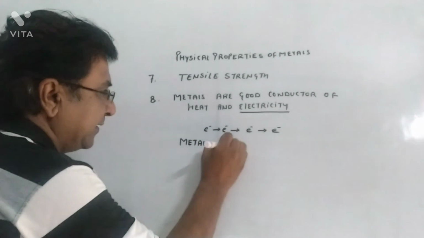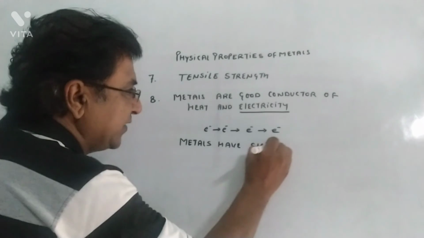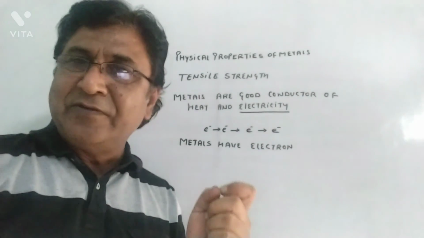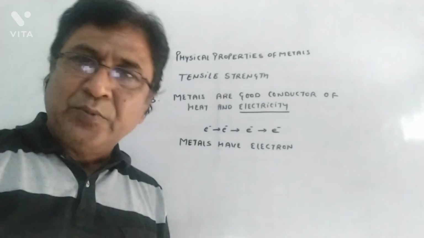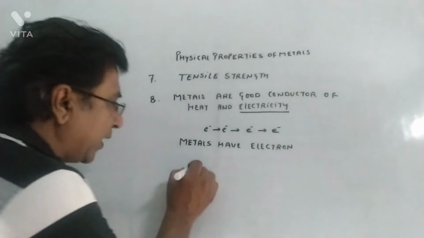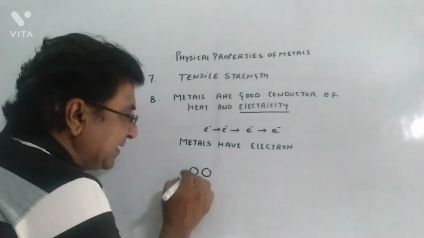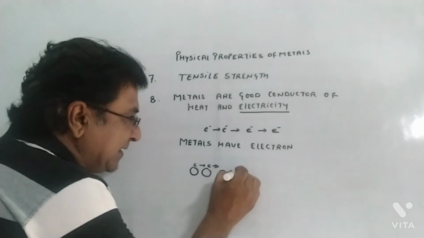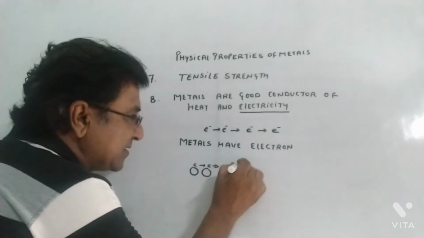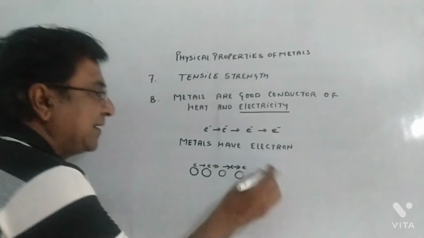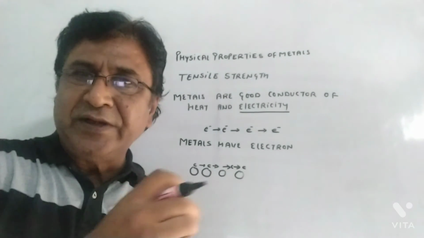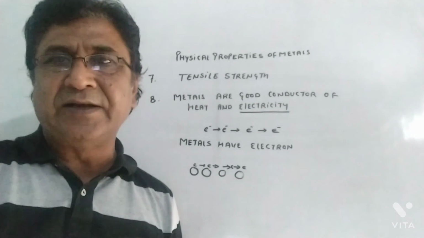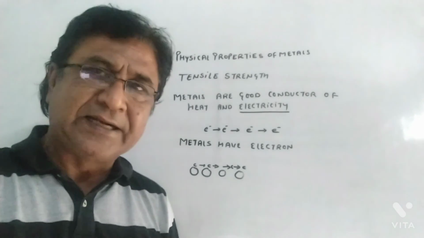In the last video lecture, we discussed valence electrons. Metals have 1, 2, or 3 valence electrons, which can be lost. When subjected to electricity, electrons start moving from one atom to another, and this way electricity is conducted by the metals. So free electrons, meaning valence electrons, move from one end to another. This is why metals are good conductors of electricity.